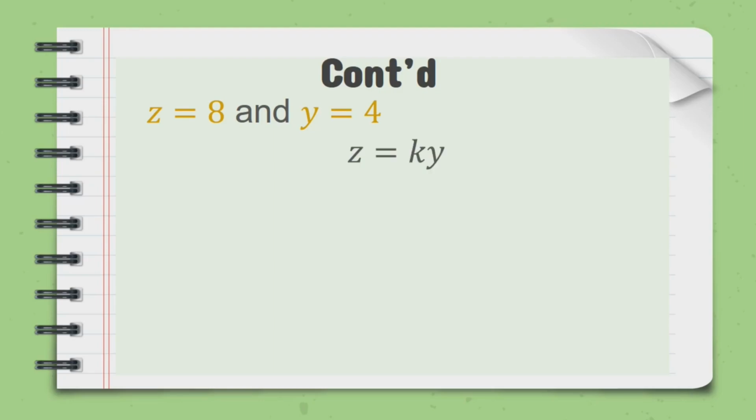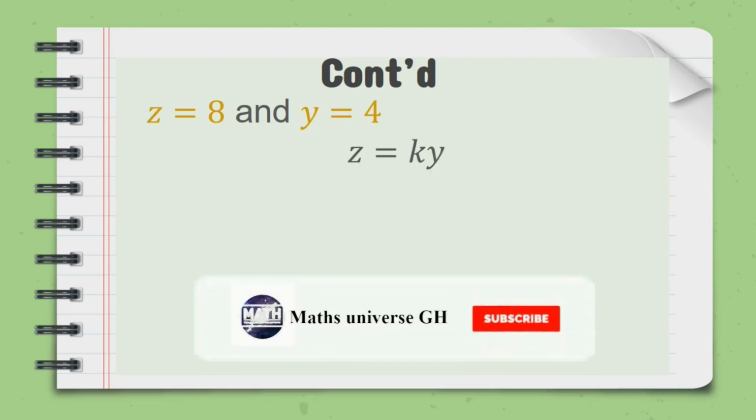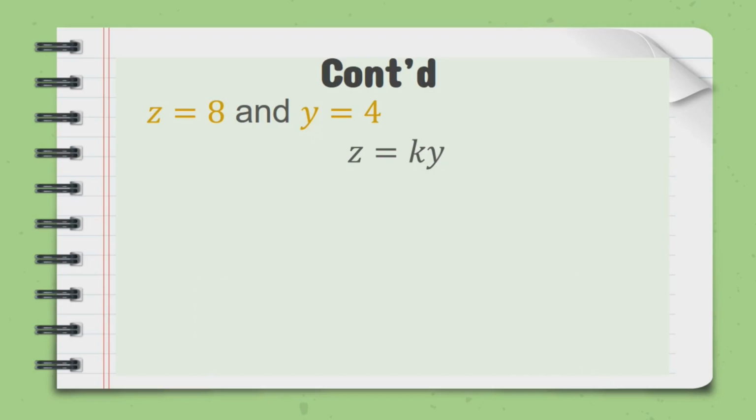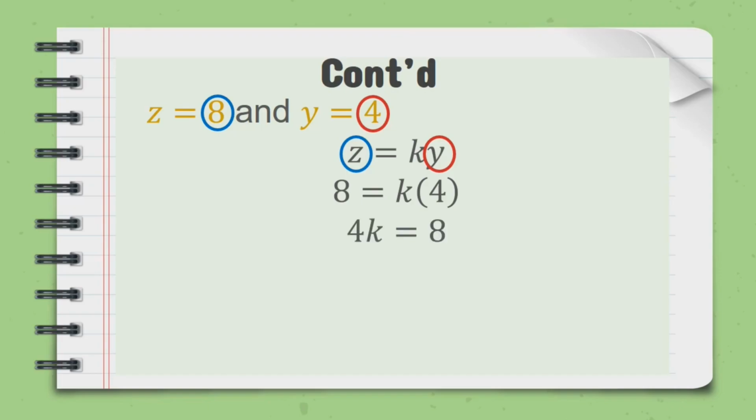To determine the relation between z and y, we need to know the value of k, which is our constant of variation. To determine our constant of variation, we need to substitute the value of z, which is given as 8, and the value of y, which is given as 4, and this becomes 8 equals k multiplied by 4, which can also be written as 4k equals 8. Dividing both sides will give us the value of k to be 2.